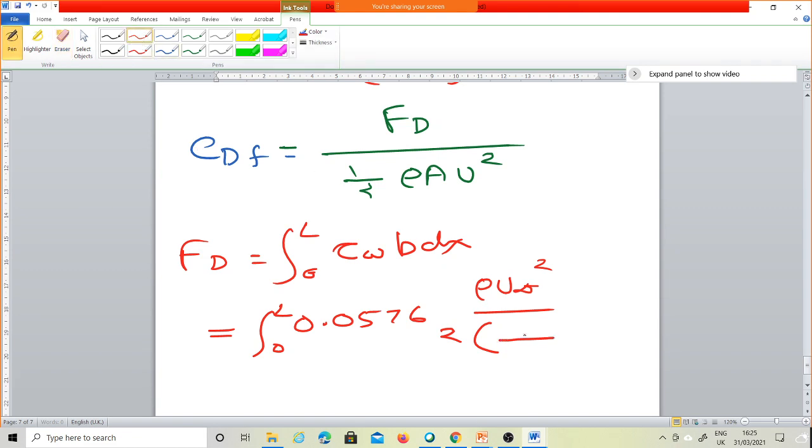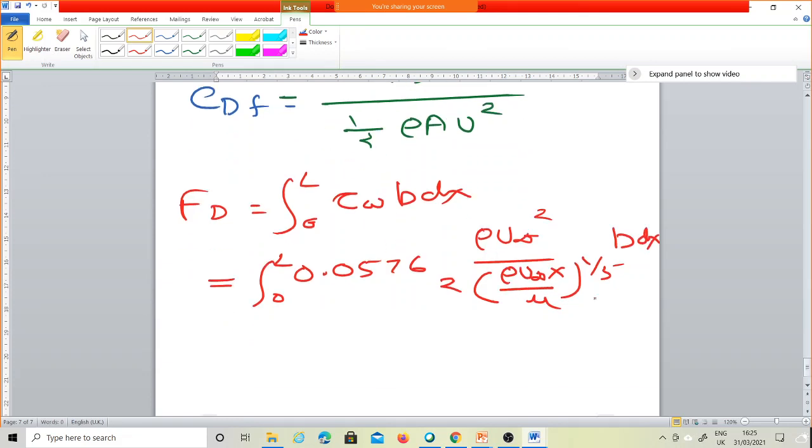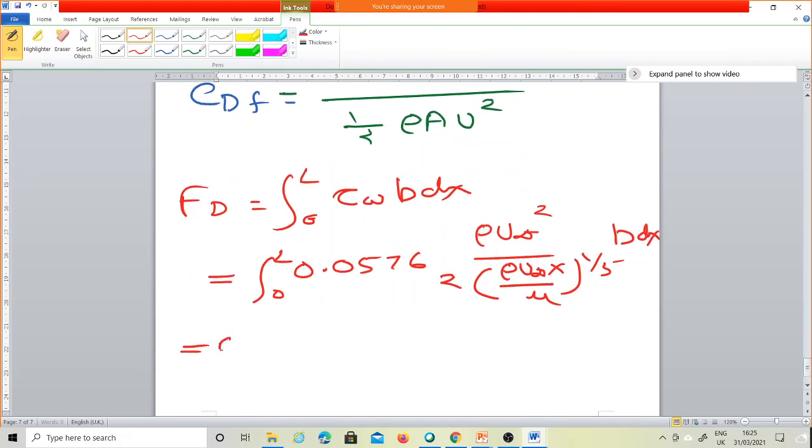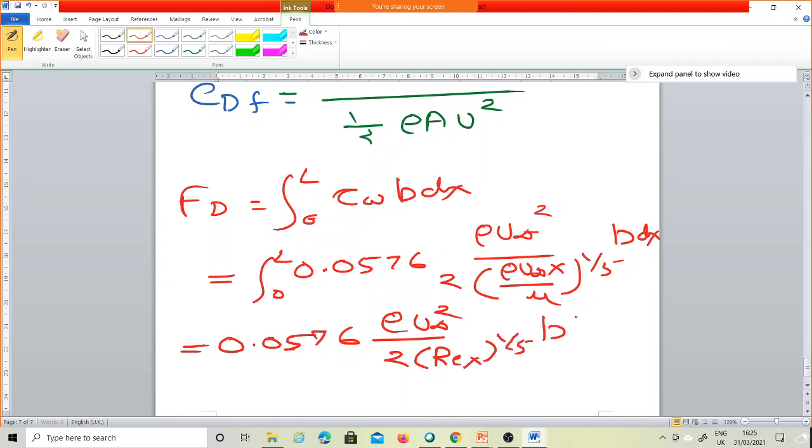So you will get rho u infinity x divided by mu to the power 1 by 5, and then we have the b dx, right? So now you need to integrate it. As I said before, you just change the x with L. So in this case instead of writing Rex, now you need to write ReL, because your x will become L. And we have the b and dx, integration of dx is x, and then L minus 0 should be L.